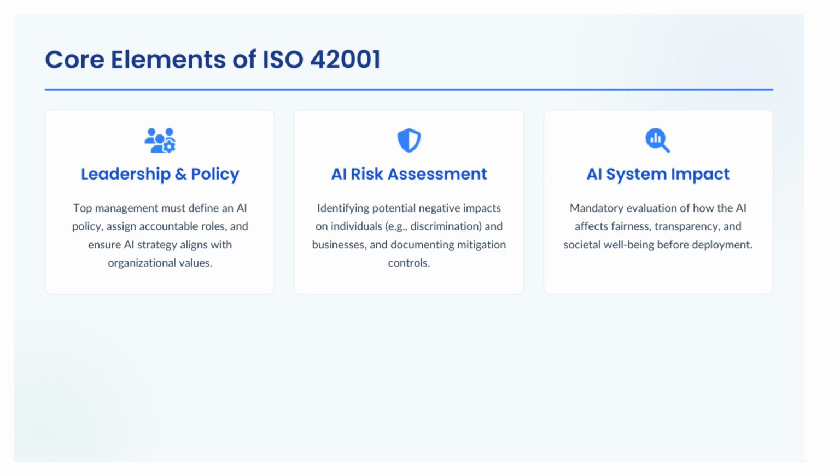So there are three pillars that carry the standard, and we also call them the core elements of ISO 42001. They are leadership and policy, AI risk assessment, and AI system impact assessment. When we talk about leadership and policy, we are referring to top management. This is deliberate, and it is the part organizations most want to skip.